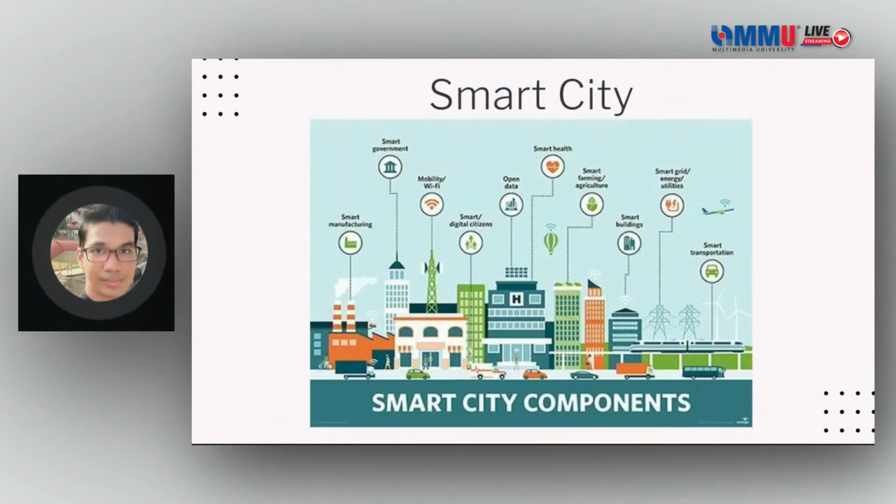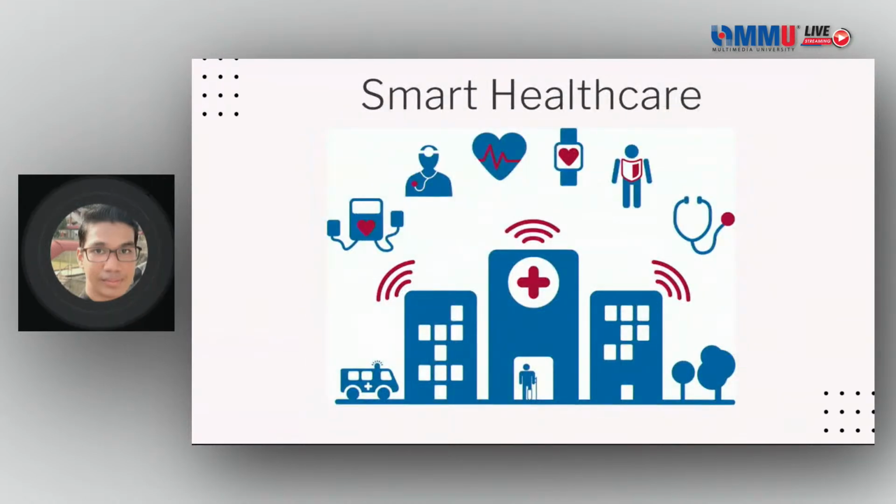The smart city is all about how we can manage the city in a more manageable way using technology. And then we have smart healthcare here also, to observe how we can monitor the patient efficiently, and we can also reduce the workload of the workers.